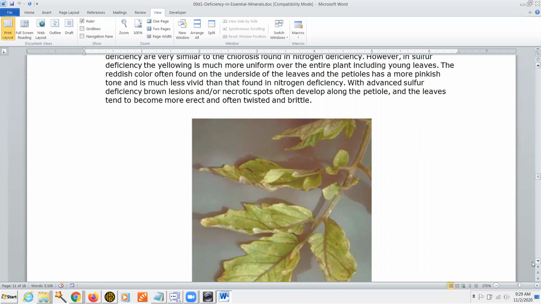often in the younger leaves, which is something that is unusual. Of all the chloroses, sulfur deficiency tends to be the most uniform, even to the older versus younger leaves. It tends to get the entire plant, whereas with other situations, even like nitrogen, the nitrogen will be mobilized to the young growth.